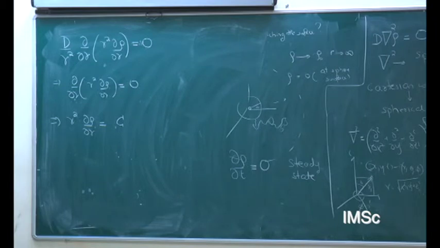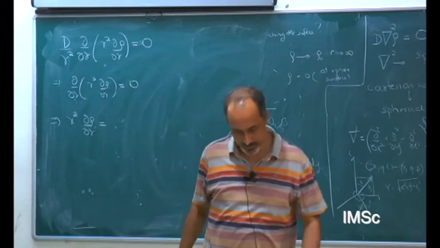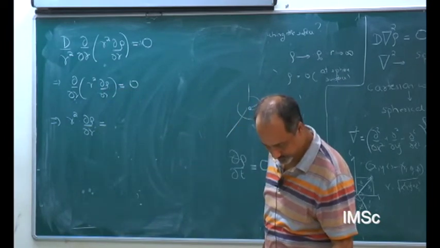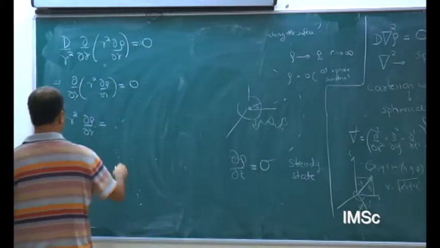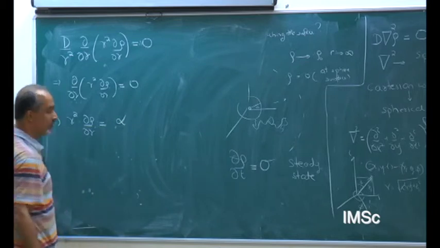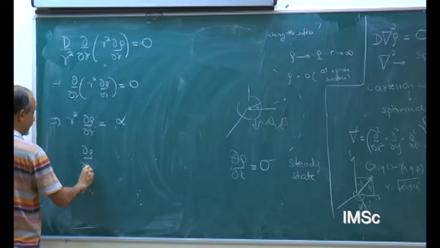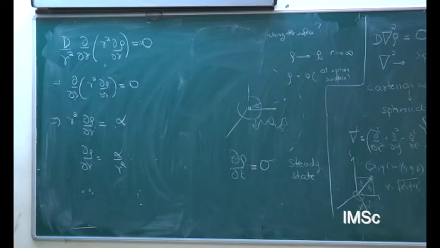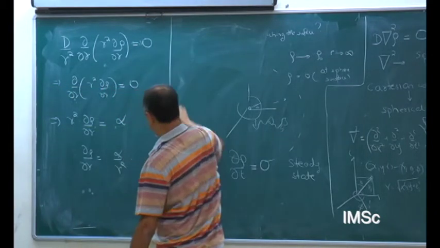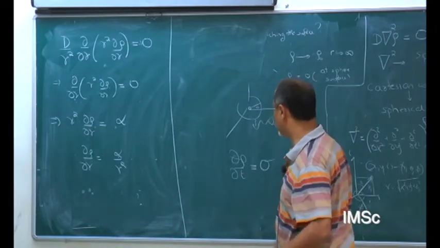For the sake of notation, let's call it something else, let's call it alpha for the time being, which means that delta rho by delta r is alpha divided by r squared. I'll just pull this factor down. Which means I can take one more step.